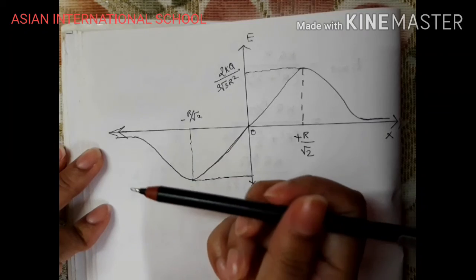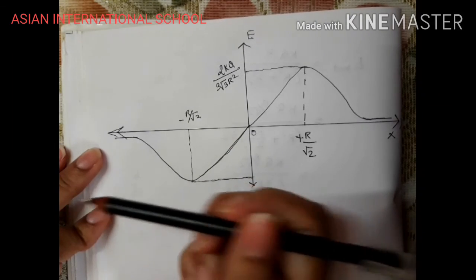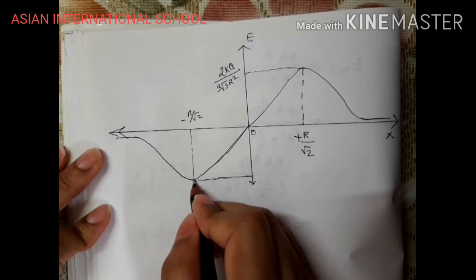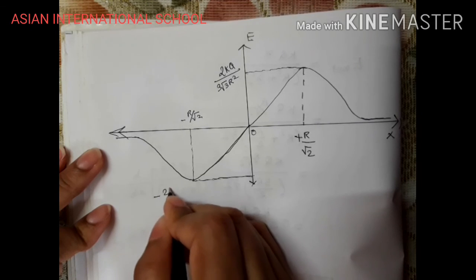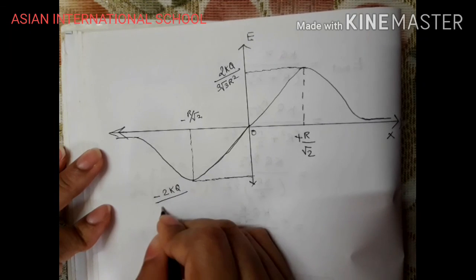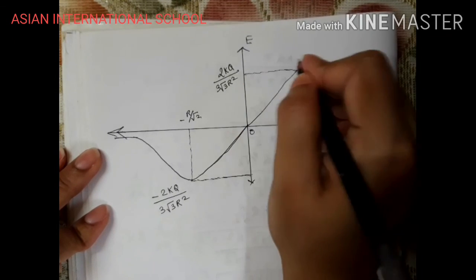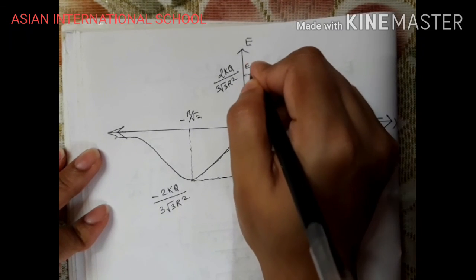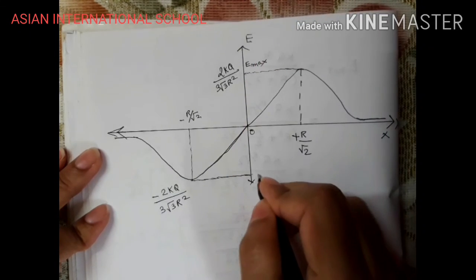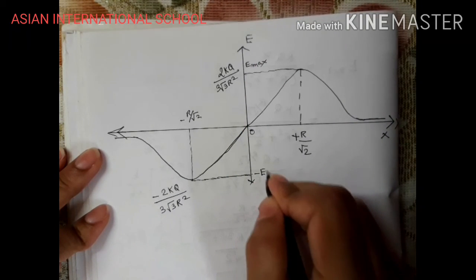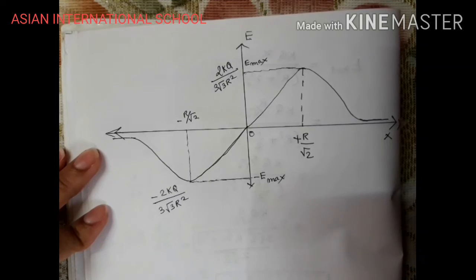The direction of the electric field will be towards the ring, so the electric field is negative, and hence it is minus 2kq divided by 3 root 3 r square. So this is your E max, and this is your minus E max. Clear? Hope this is clear to you.